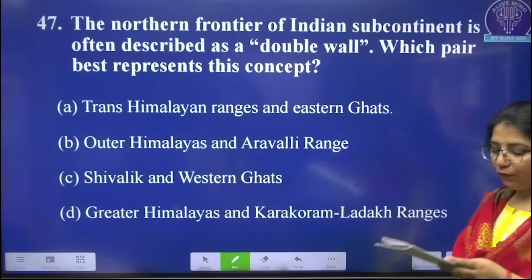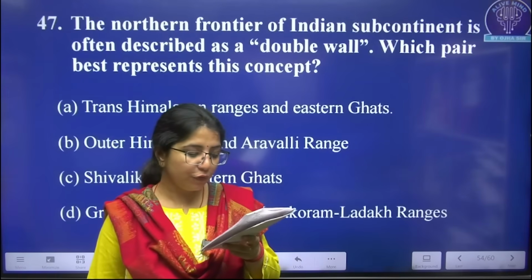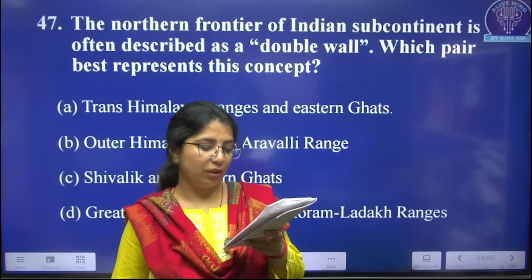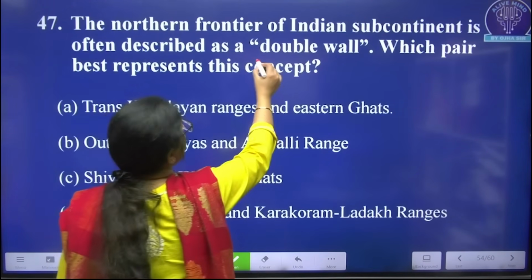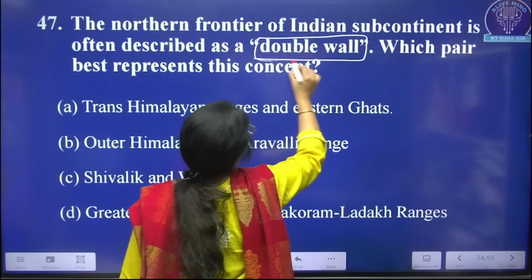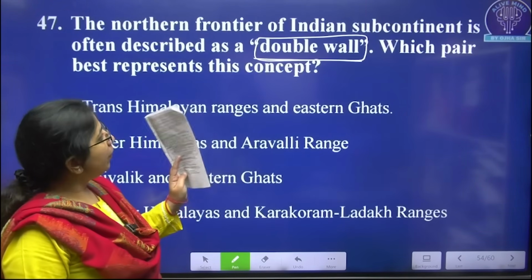Then is question number 47. The northern frontier of Indian subcontinent is often described as a double wall. Which pair best represents this concept? A very new concept, a type of question which you would not get anywhere. Double wall concept.